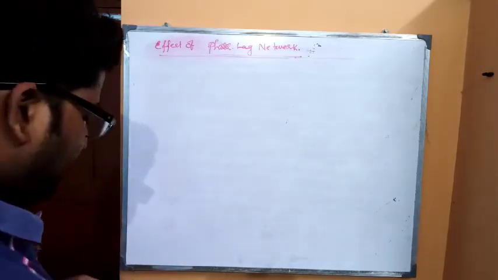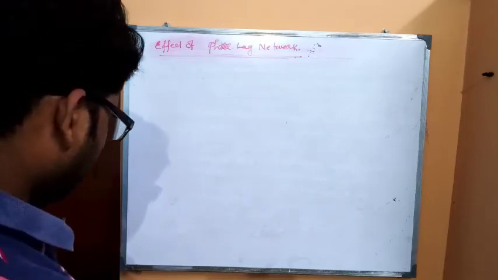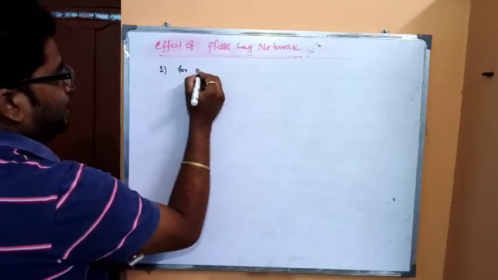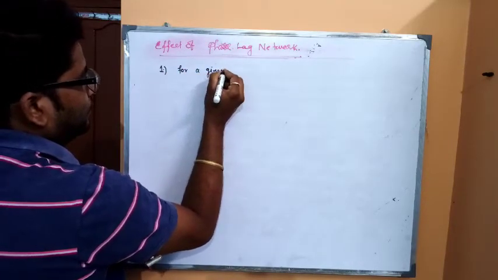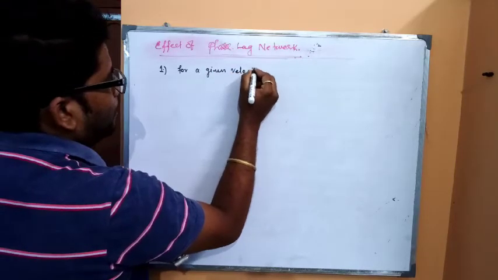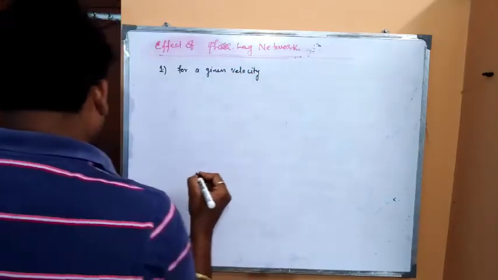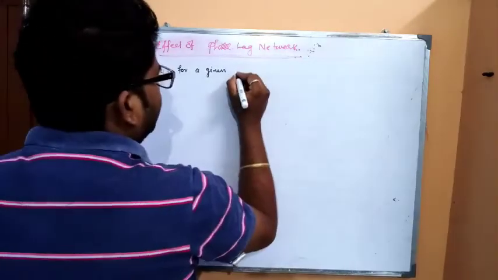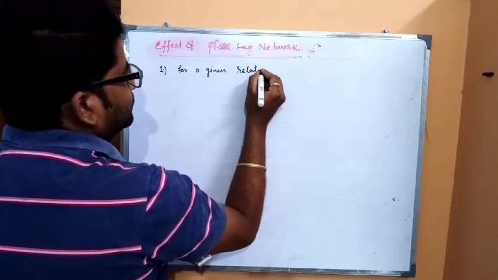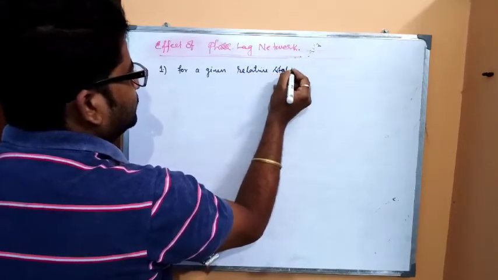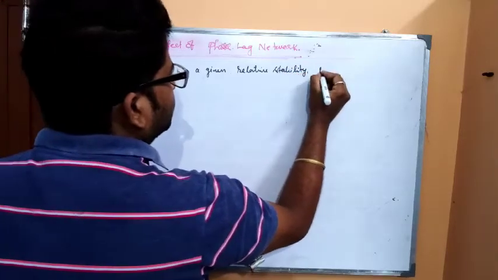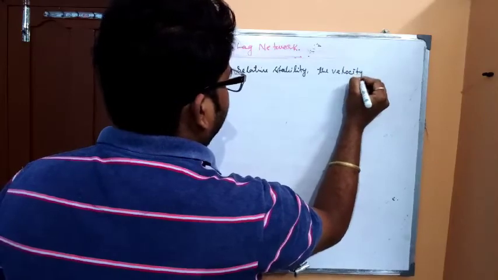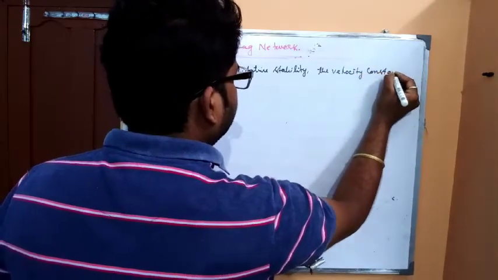First point, for a given relative stability, the velocity constant is increased.